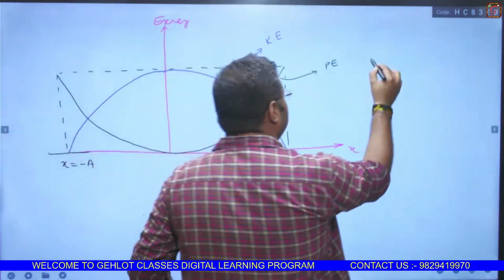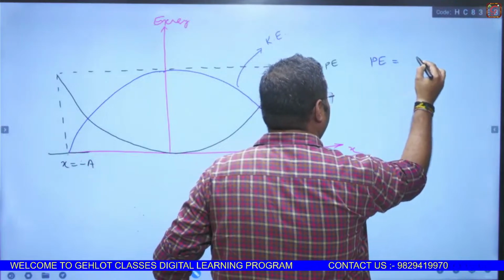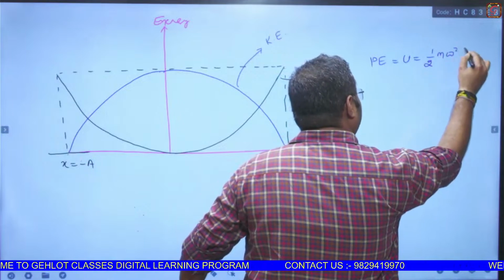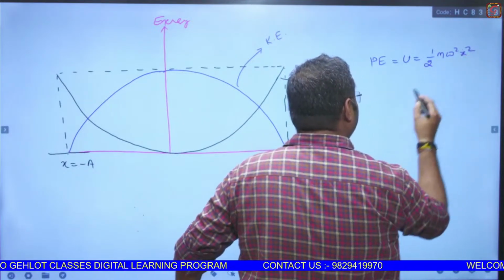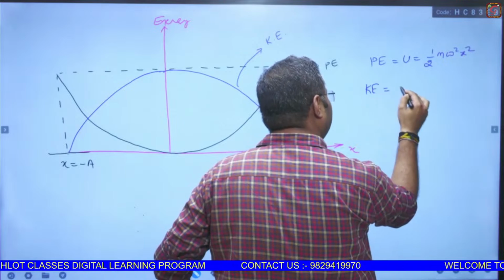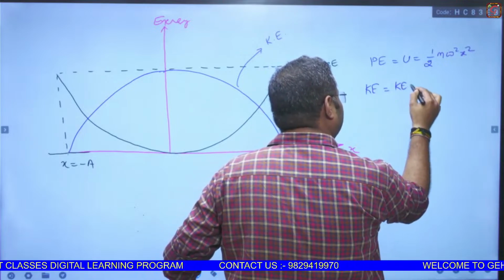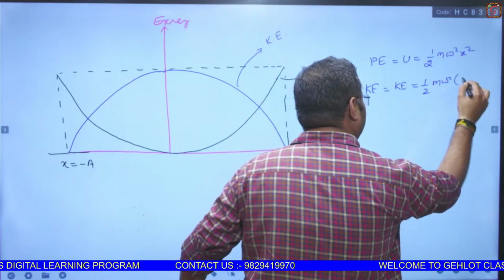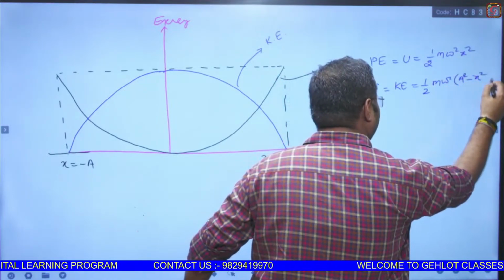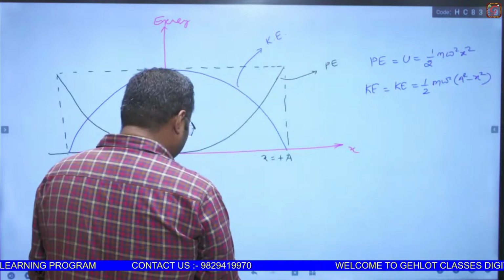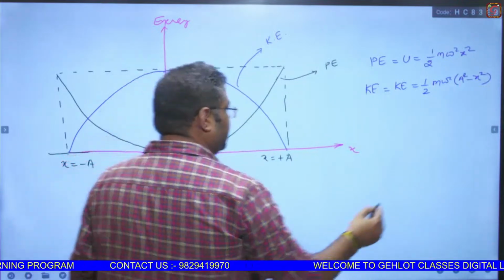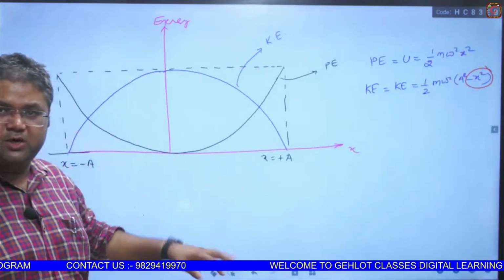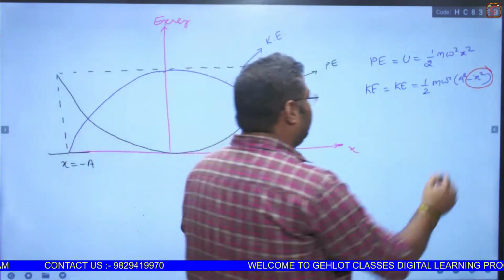The equation of potential energy can be written as U is equals to half m omega square into x square, and kinetic energy can be written as KE is equals to half m omega square into a square minus x square. So we can clearly see that there is a negative sign ahead of x square. So this will be the opposite parabola of potential energy.